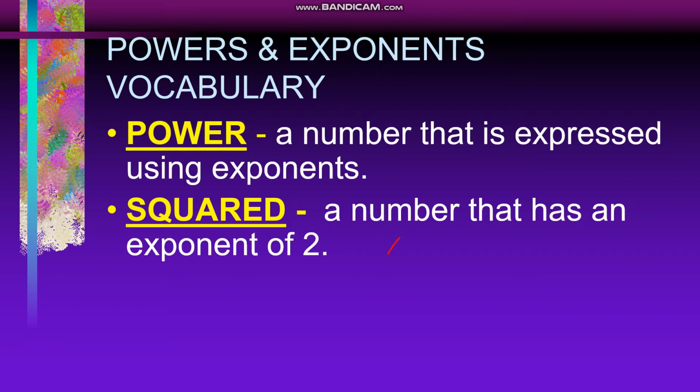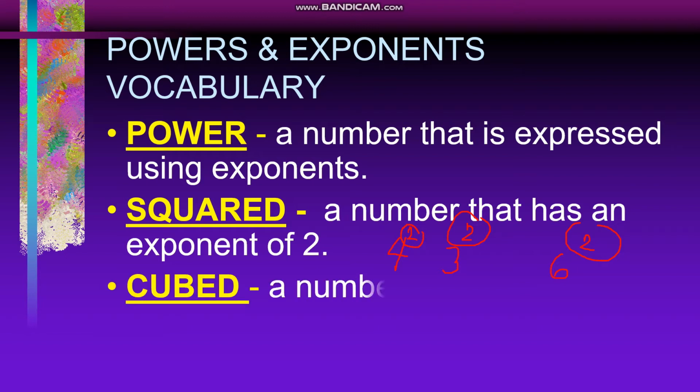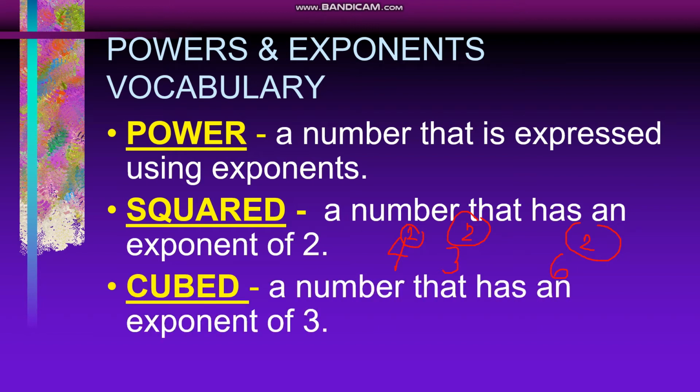For example, I have 4 squared, 3 squared, and 6 squared, because each is a number that has an exponent of 2, or we can say 4 to the second power, 3 to the second power, and 6 to the second power. Cube is a number that has an exponent of 3.